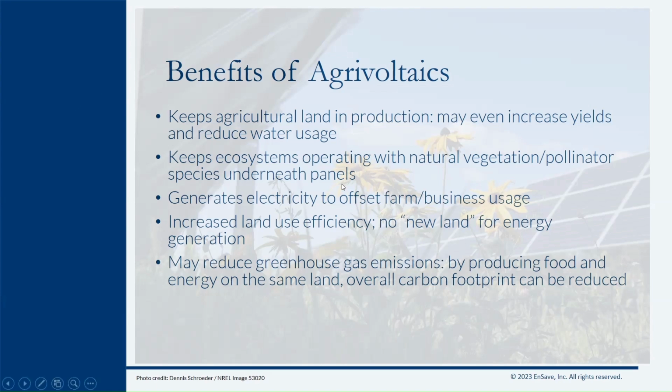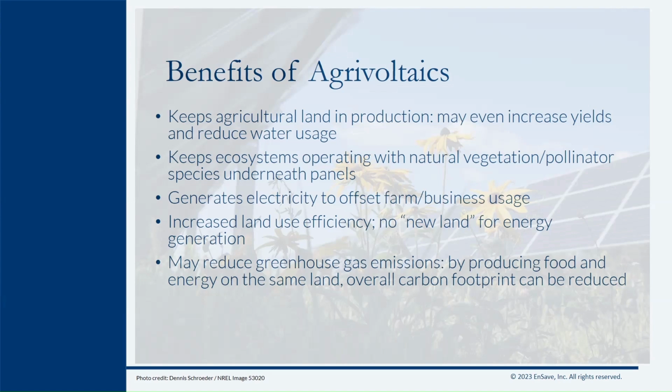There's also the benefit of increased land use efficiency. Again, dual use means your land is now serving two purposes. We don't have to bring in any new land for energy generation, and you don't have to lose any of your agricultural production land to generate electricity. The dual use is increasing that land use efficiency. Also, as an added benefit, these dual use systems may reduce greenhouse gas emissions.